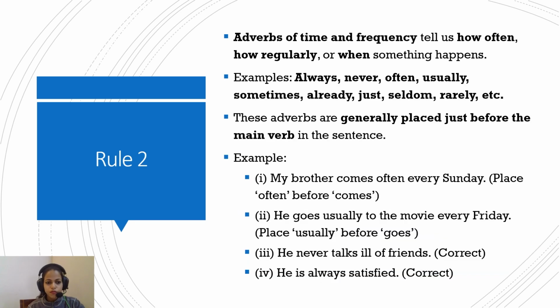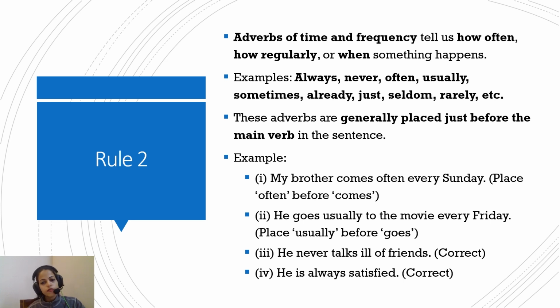Okay. Now, rule 2. Adverbs of time and frequency tell us how often, how regularly, and when something is happening. Some examples of adverbs of time are always, never, often, usually, sometimes, already, just, seldom, rarely.